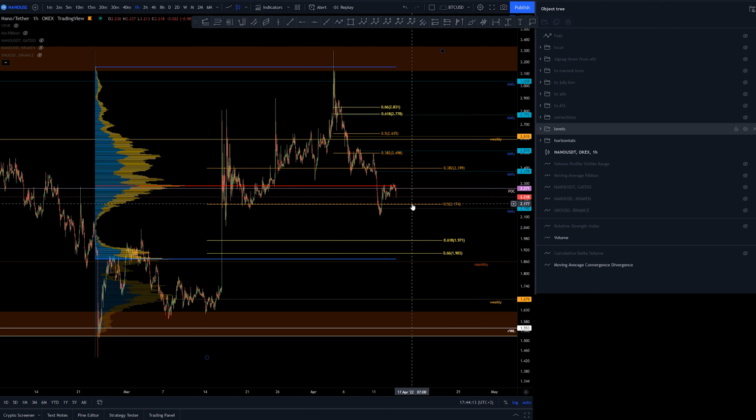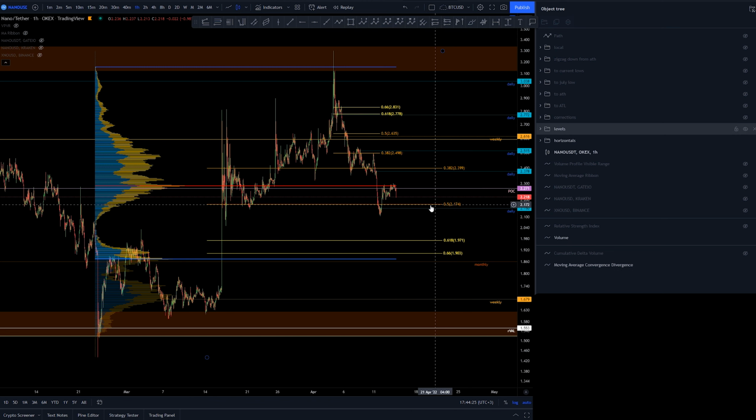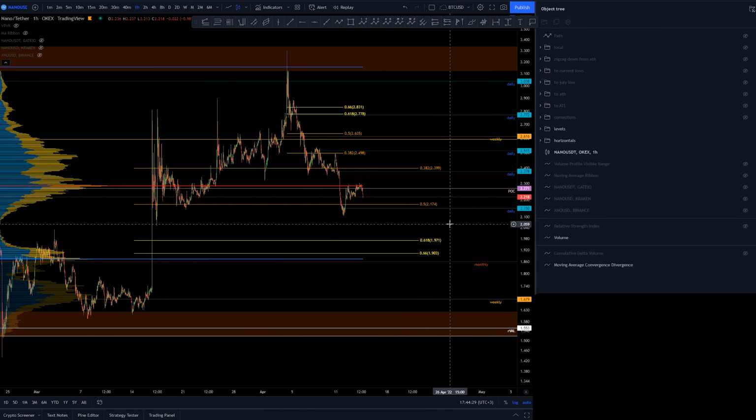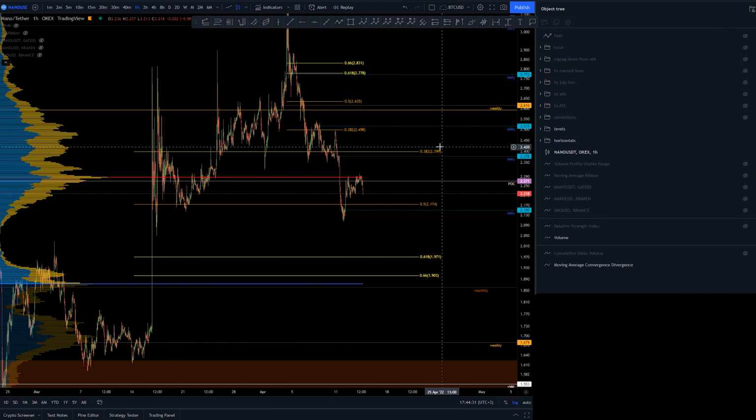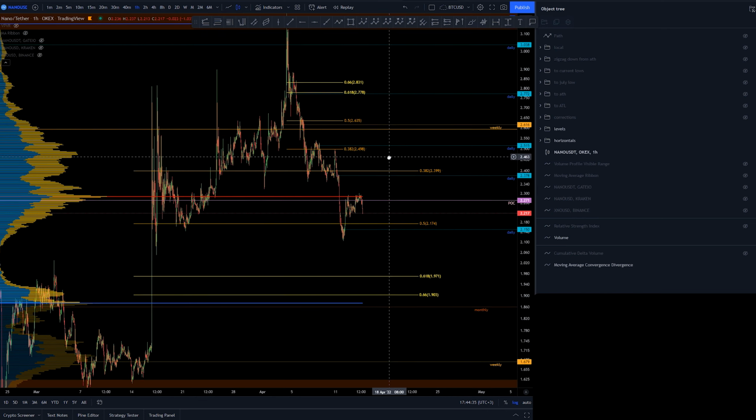Below us we got this 0.5 fib retracement, at least on this exchange, varies a bit on different ones. This lines up with this daily very well, so I would expect some kind of action here as well. This daily is new, so keep that in mind as well. 38.2 above us with the daily untouched.